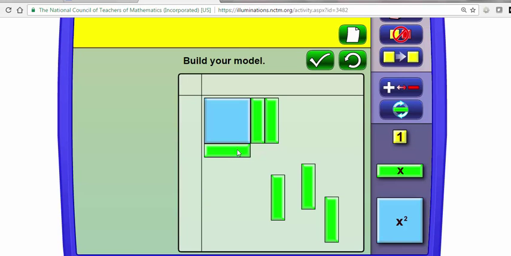So far, no square. What's really important is that this length here is an x, because this square was an x by x, so the lengths have to line up. I can only put something here that was maybe a 1 by 1, because that's the only space I have here. I can't put one of these x's there.